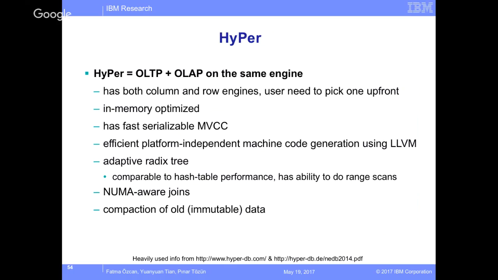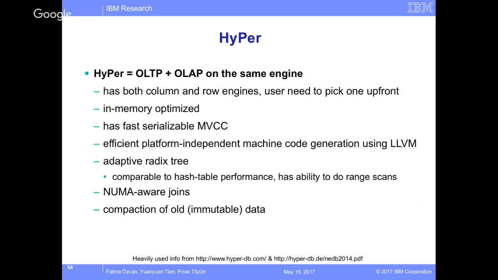Hyper changed a lot over the years. Initially it was just a row store, but today they provide a columnar engine as well. You just need to pick upfront whether you want to use the columnar engine or row engine, so you cannot have some tables in row format and some in column format.